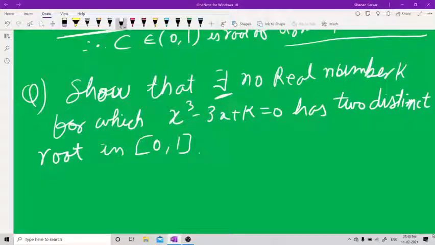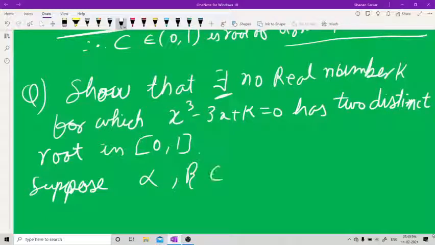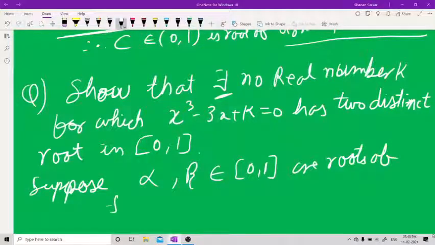Suppose we consider the answer. Suppose alpha and beta belonging to 0 1 are roots of f(x) equal to x cube minus 3x plus k.